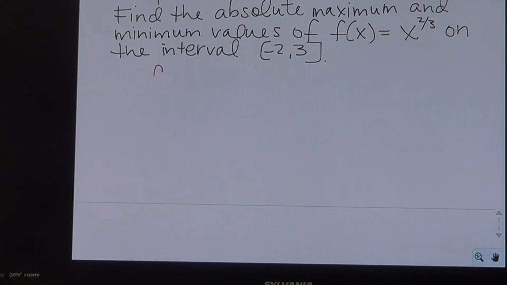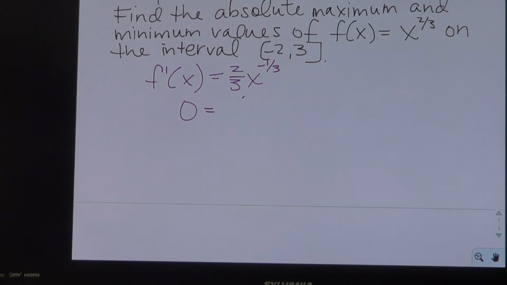So we'll find the derivative of x to the 2/3, which would be what? 2/3 x to the -1/3, and then we figure out where that will equal 0.